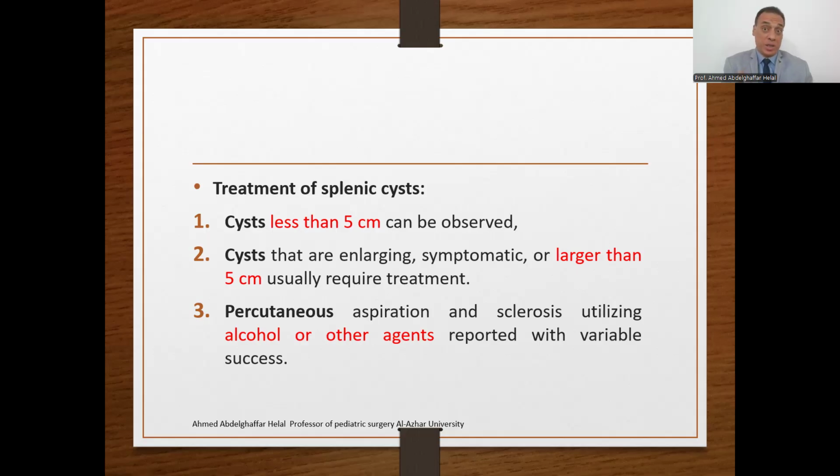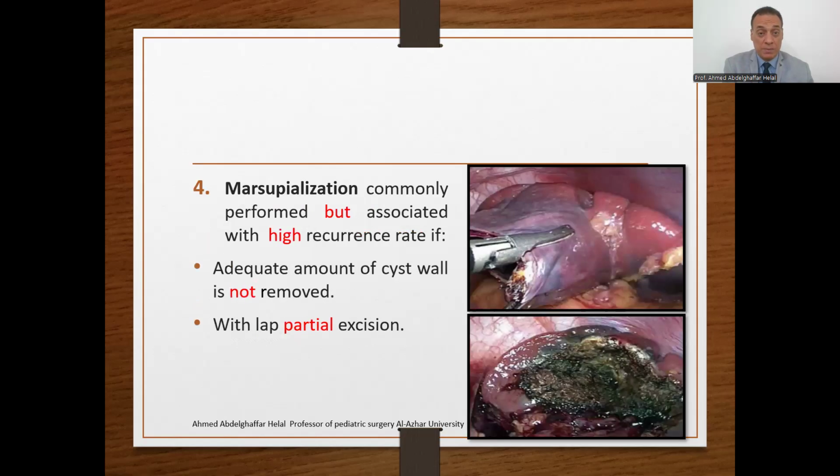For cysts that are enlarging, symptomatic, or larger than 5 centimeters, percutaneous aspiration and sclerosing, utilizing different agents, has been reported with variable success. Sometimes we perform what's called marsupialization, which is commonly performed. However, if not performed adequately, there is a high recurrence rate.